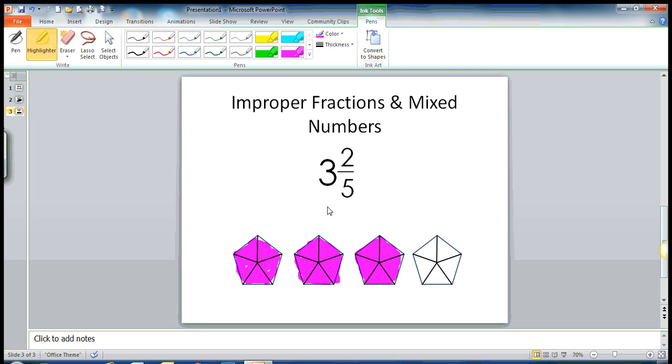So here we have our 3 models shaded that represents the 3 here, the whole number. So now we have the 2 parts shaded out of another model. Those are like our extra pieces. So I'm going to shade those in here.